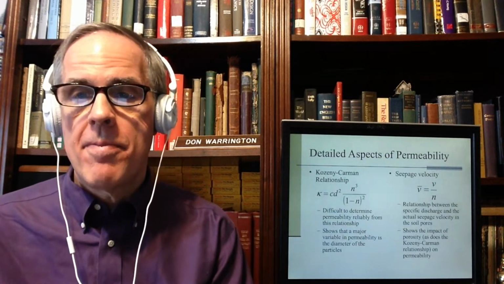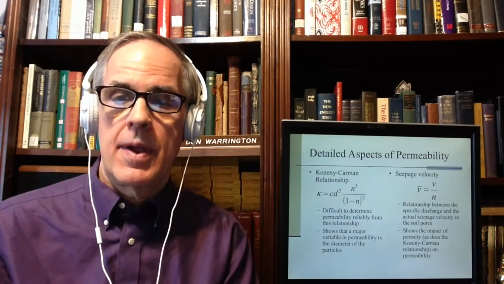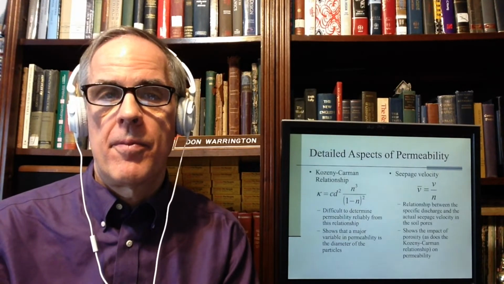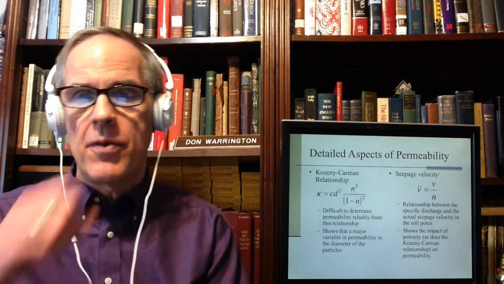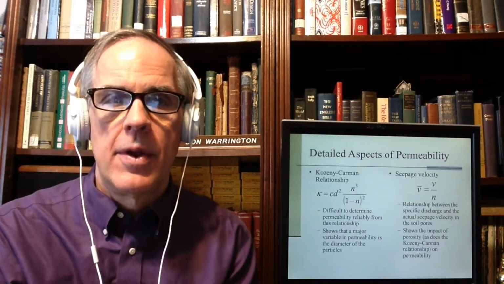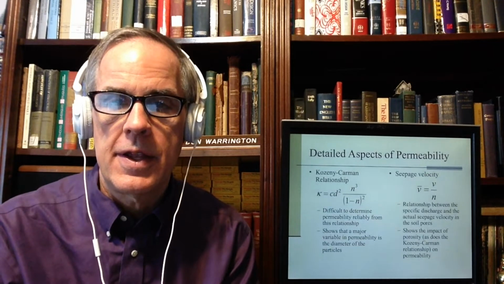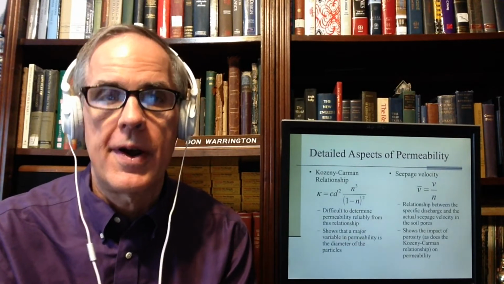There have been many attempts to figure it out. One of them is the Kozeny-Carman relationship, which goes back a long ways. Basically it is a function of the size of the soil particles and the porosity.